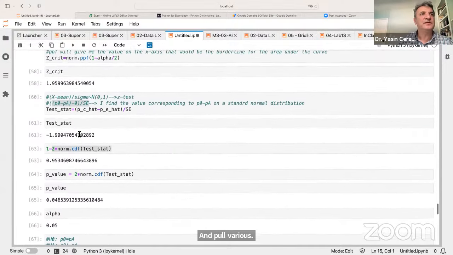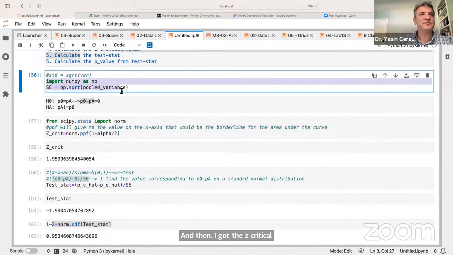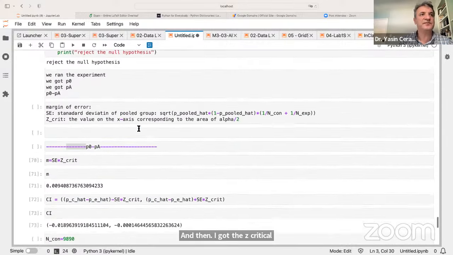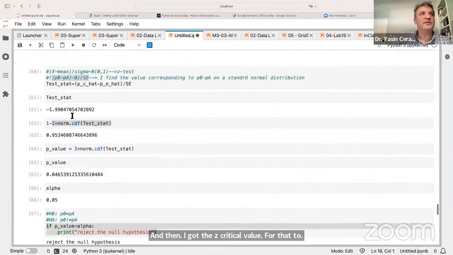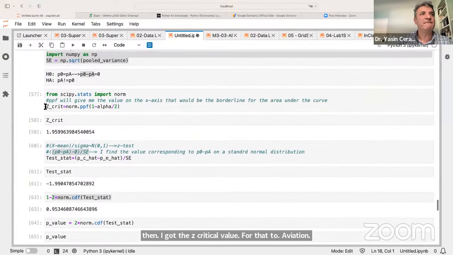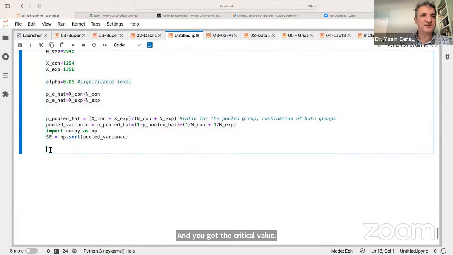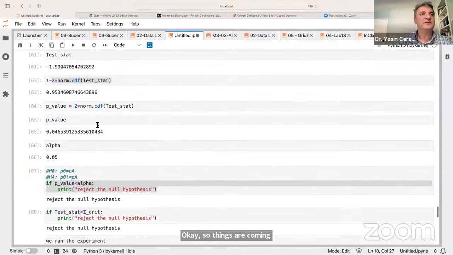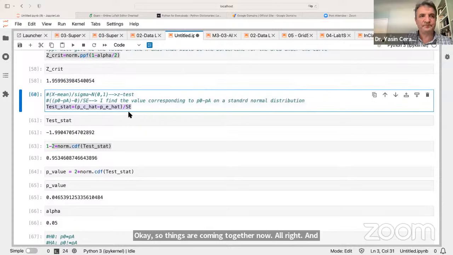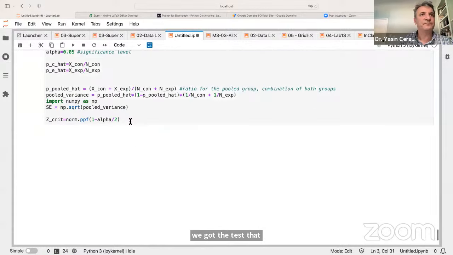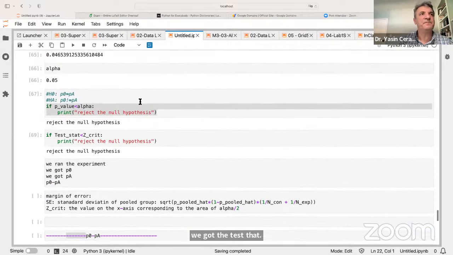And then I got the Z critical value for that squared standard deviation. Now we got the critical value. Okay, things are coming together now. And we got the test stat, and then we got the p-value.